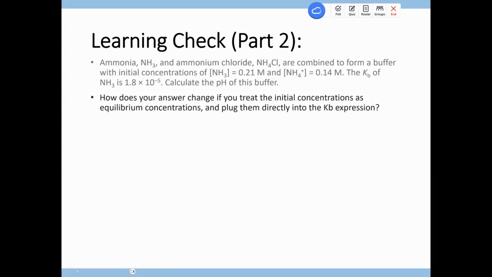So instead of setting up an ice table, we're just going to use that Kb, which was provided, is the concentration of NH4 plus times the concentration of OH minus divided by the concentration of NH3. And then plug in the values provided. So 0.21 for NH3, 0.14 for NH4 plus. We plug in Kb and then we solve for OH minus. So let's do that and see what we're going to get.